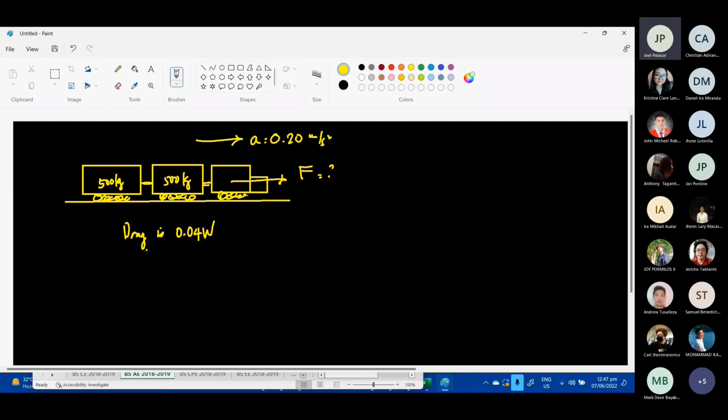Then determine also the tension between, well, this is 1, 2, and 3. Find the tension in the cable between 1 and 2 and 2 and 3.